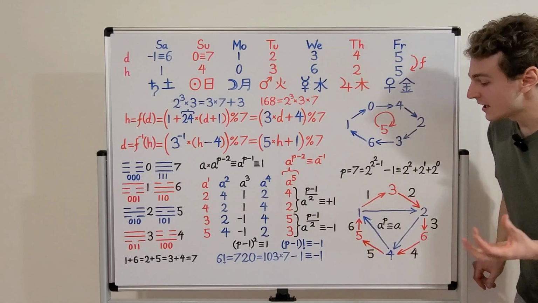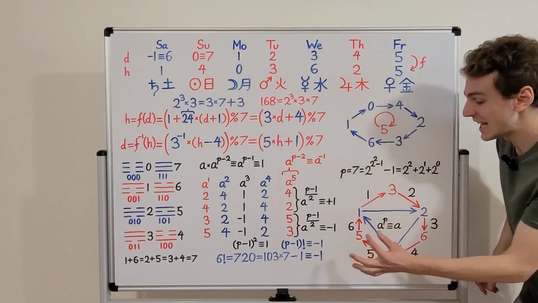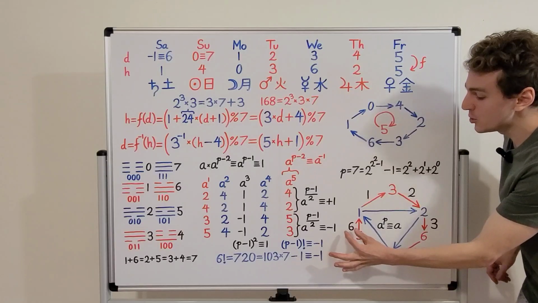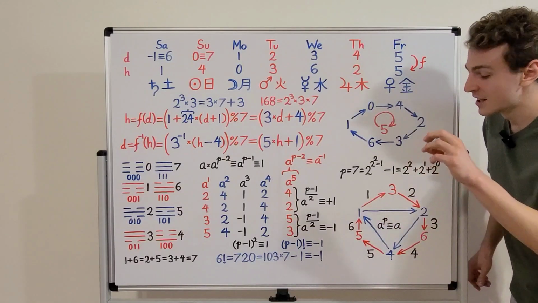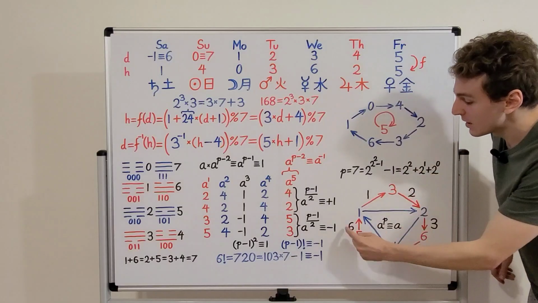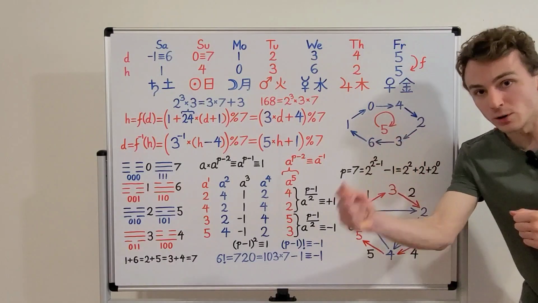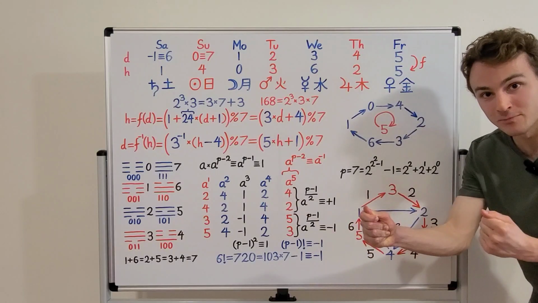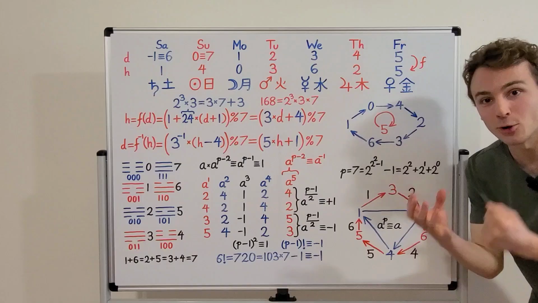And another way of stating that is that 6 is the discrete logarithm, where 6 is the index. If we use this generator, 3, and we identify that index or discrete logarithm, then we can get back to 1 over here. So if we know the result and we know the generator, the value that is missing is the index or the discrete logarithm.